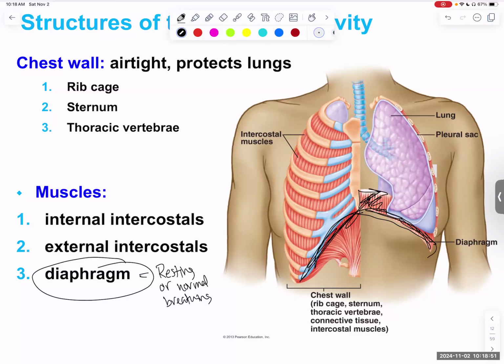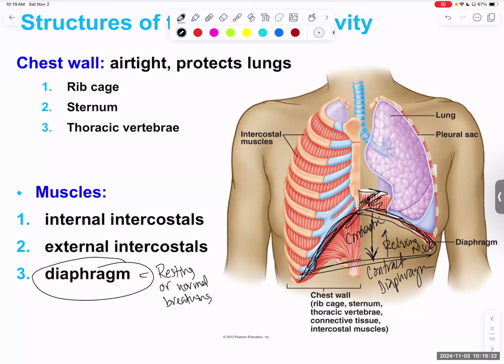It's under here. And when we contract our diaphragm, we pull it down. So that diaphragm is going to flatten out. If we release the diaphragm, we stop contracting it, it just goes back up. So this would be contraction, and this is just relaxing muscle.